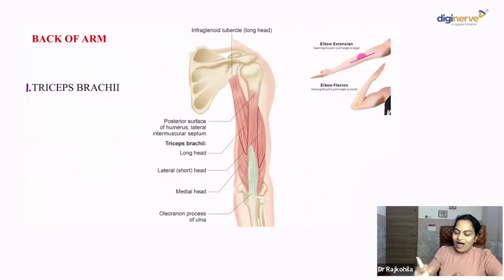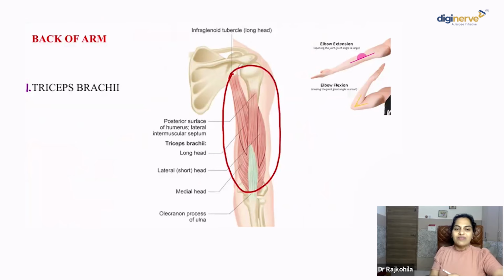Moving to the back of the arm, there's only one muscle over the back of the arm, the triceps, with three heads. The long head of triceps originates from the infraglenoid tubercle, and then we see the lateral head and the medial head from the posterior surface of the humerus. Triceps is innervated by the radial nerve, which comes from the posterior cord of the brachial plexus.